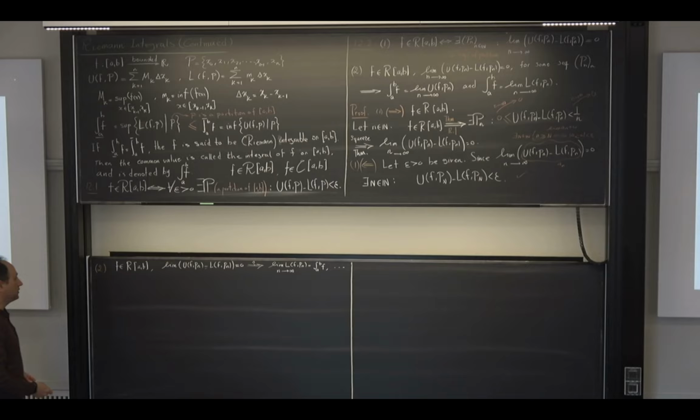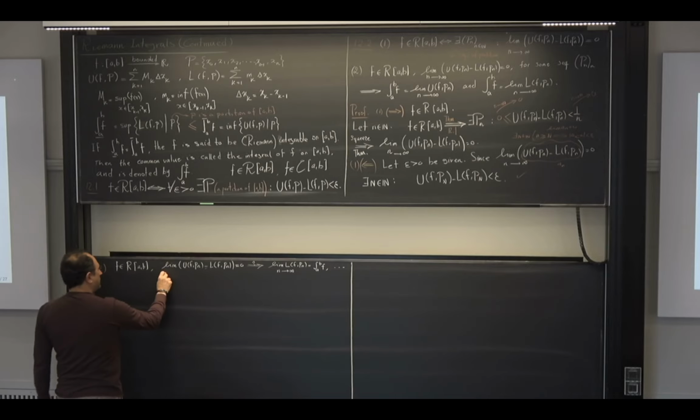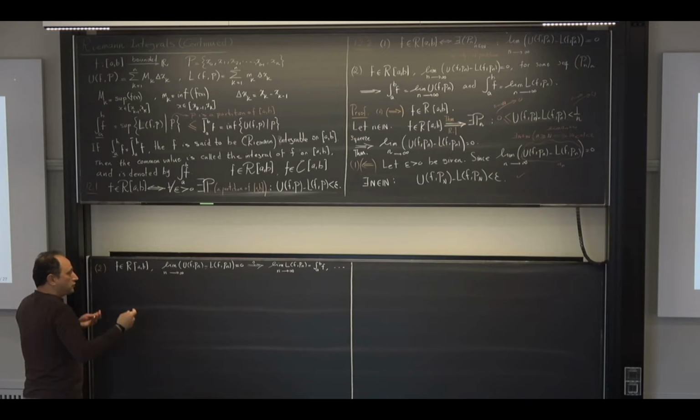So I have two ingredients now. I know that my function is Riemann integrable. I know that for some sequence of partitions, accidentally or by educated calculations, I realized that this limit turns out to be 0 for some sequence of partitions P sub n. We want to prove that the limit of each one of them individually is the integral that I am looking for. Okay, so how can we prove that?